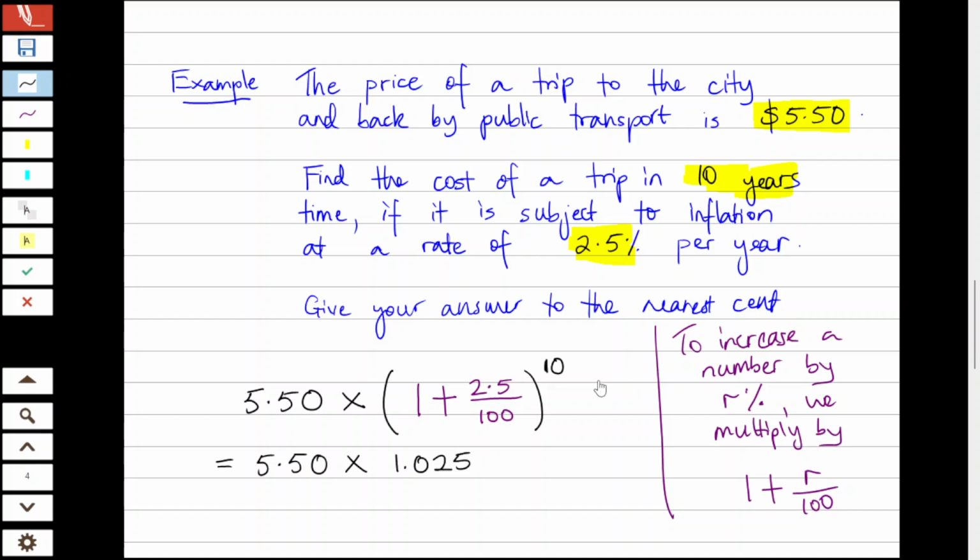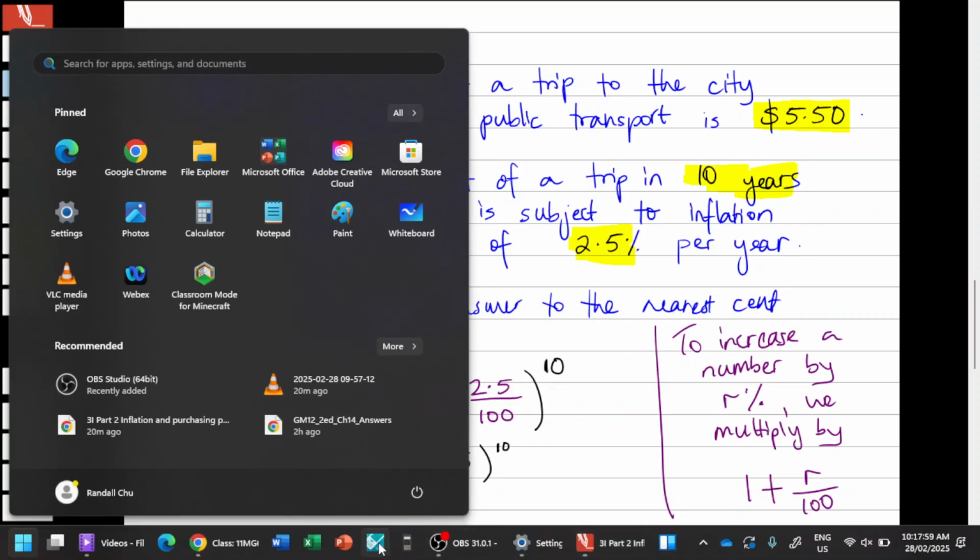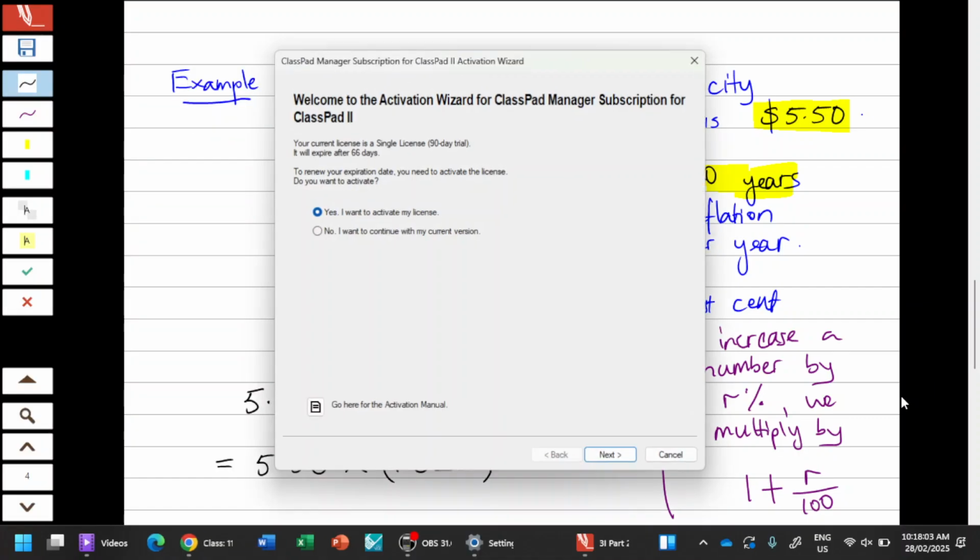You can go straight to this step if you like, if you're comfortable with decimals. So 2.5% increase corresponds to multiplying by 1.025. And of course, we're taking this to the power of 10 as well. Now, at this stage, you will need to get a calculator. So go ahead and do it if you like. I'll do it on the screen.